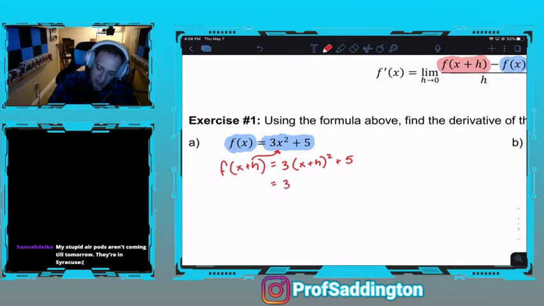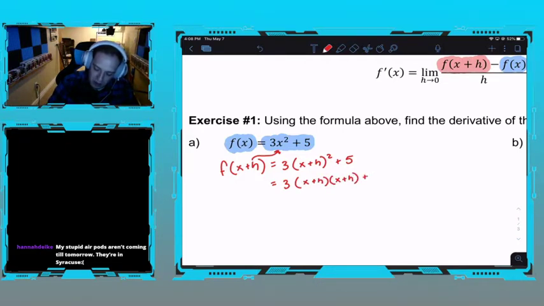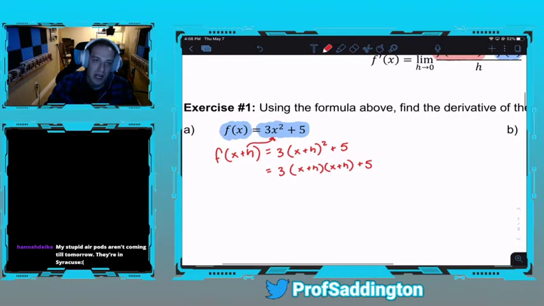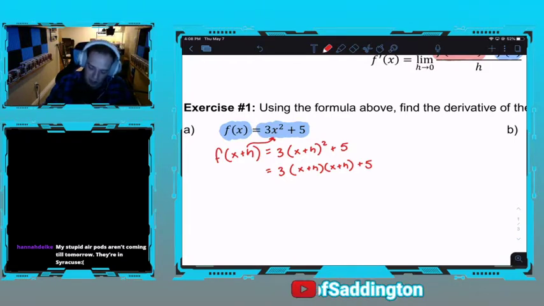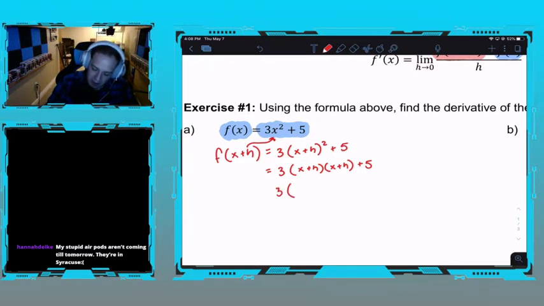So x plus h squared really just means x plus h times x plus h, plus 5. I'm going to double distribute the x plus h and the x plus h. And if I do that, I'm going to have 3 times, and I'm just going to do the math off the top of my head, x squared plus 2xh plus h squared, plus 5.